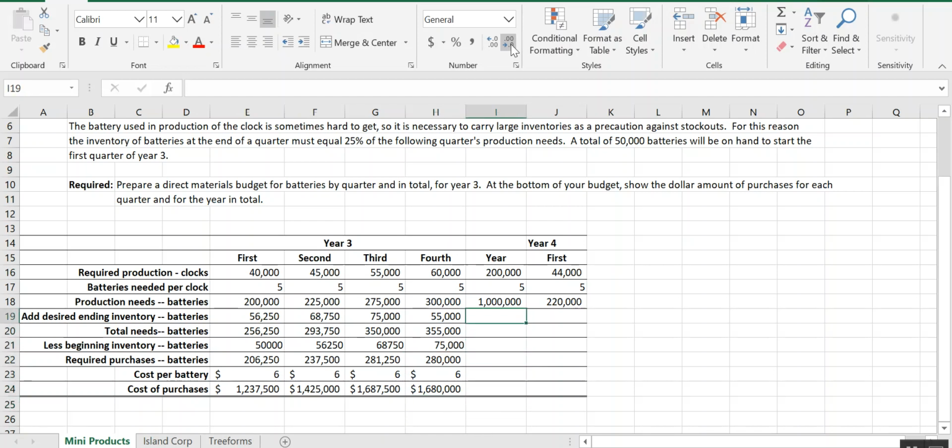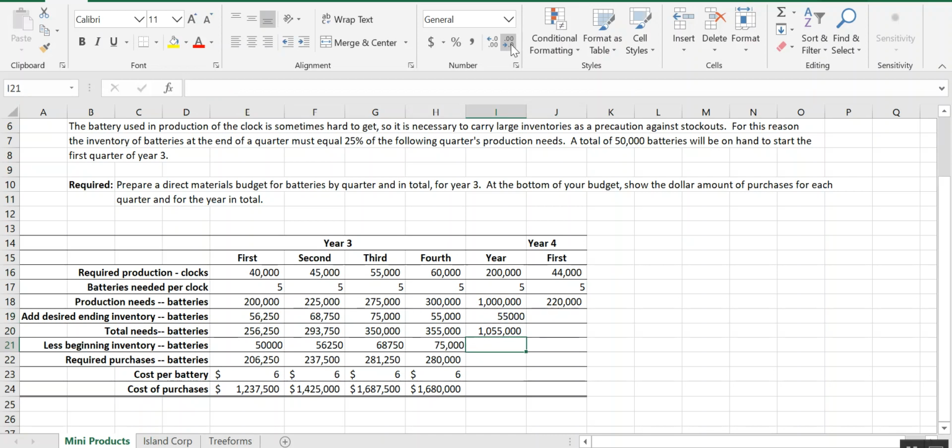Now if we're looking at the year-to-date column and we come over here to the year end, we're only going to look at the desired ending inventory for the fourth quarter because that is at a point in time. We're not going to sum any of that up. We're just going to take the last number as the ending inventory. We'll add those together, the 55,000 plus the 1 million production needs in batteries.